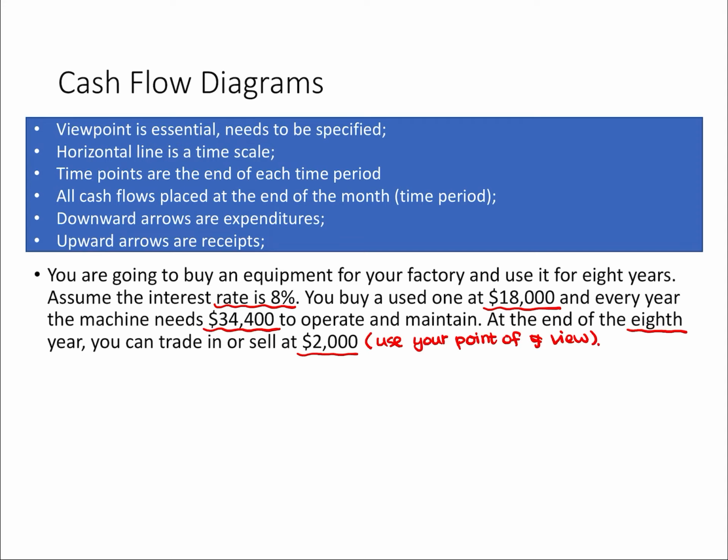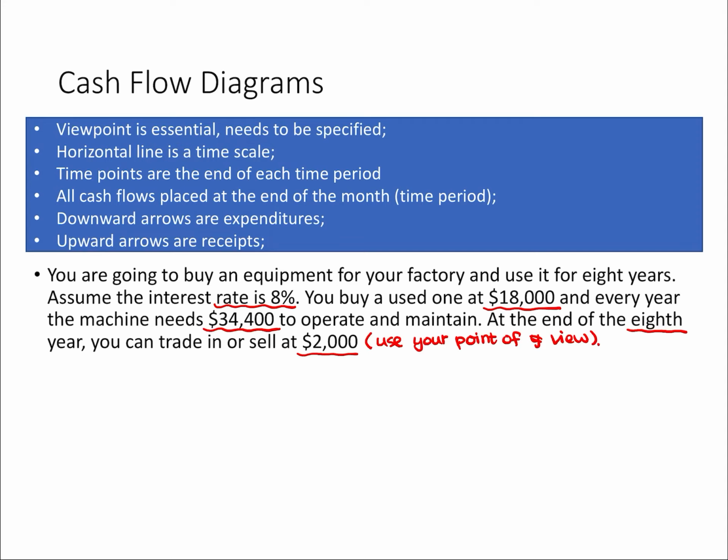Okay, so you are spending 18,000 at the beginning to buy a second-hand car, and you are spending 34,400 every year to maintain and to operate that car, the machine, and you are going to sell that so you can receive another 2,000 at the end of the 8th year. So that's what we say your viewpoint, okay?